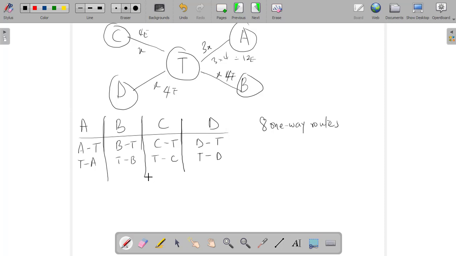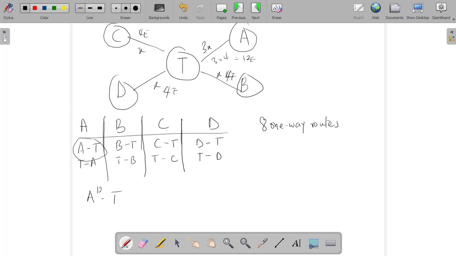Then we go on to find the number of trunks per route, and that will help us find the total number of trunks in the system. So the number of one-way trunks per route. Let's take, for instance, the connection between A and T. Taking note of the operation principle of the tandem exchange, if A is originating traffic to T, in order to have traffic generated to each of B, D, and C, A will generate 3 times the traffic cited in the question.